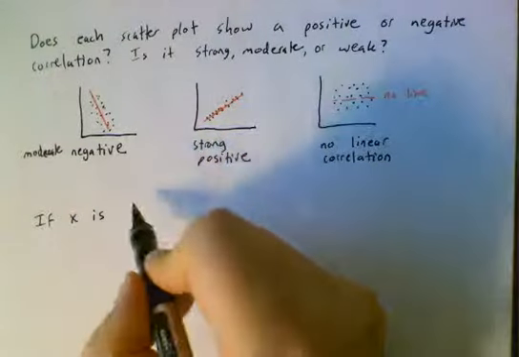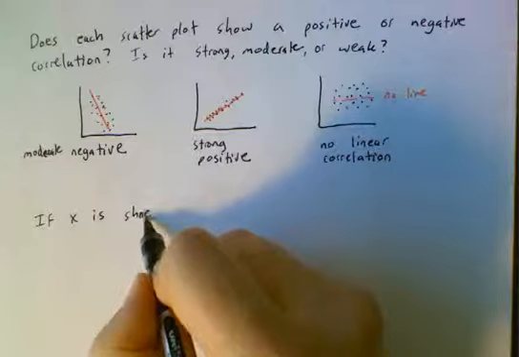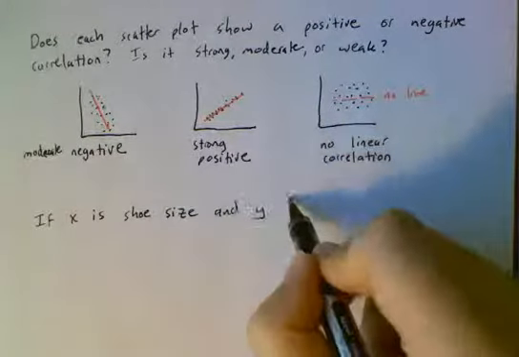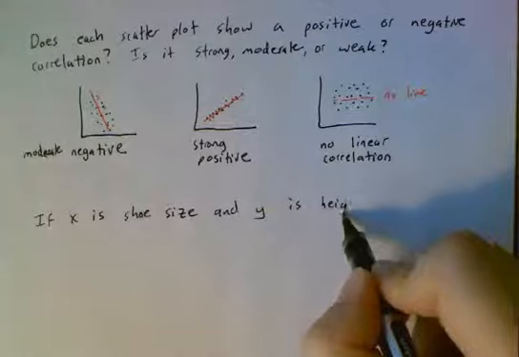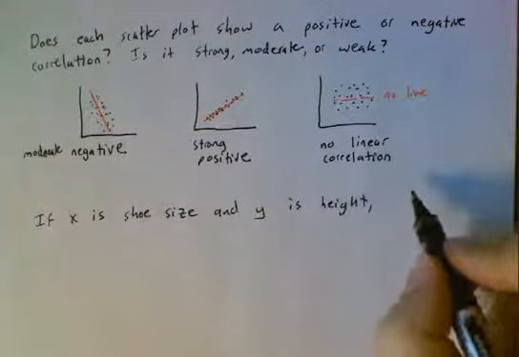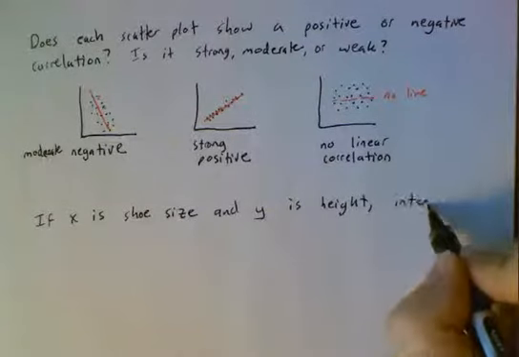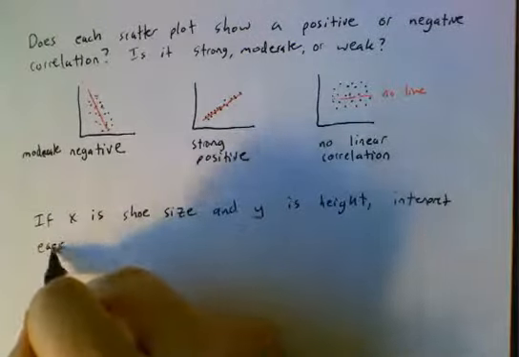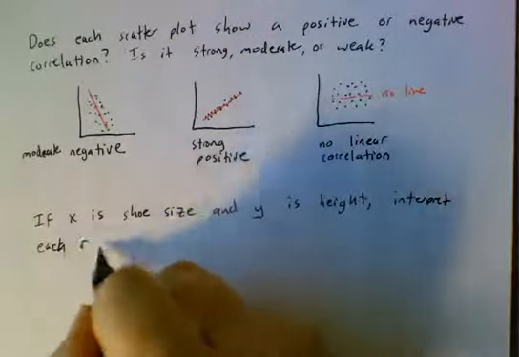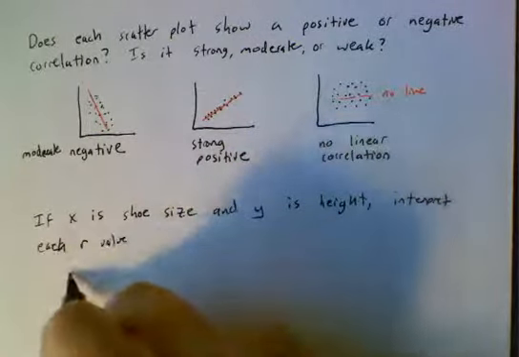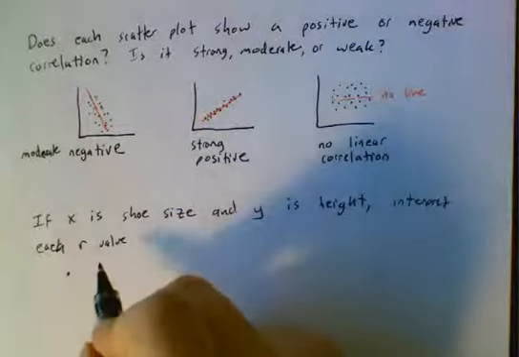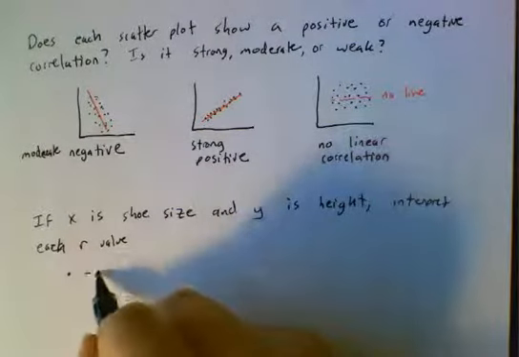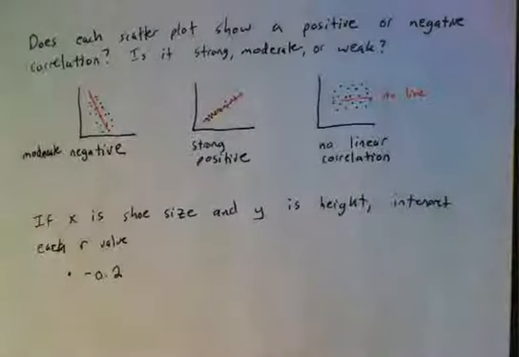Say a scenario, if X is shoe size and Y is height, interpret each R. Let's start off with, say, negative 0.2.